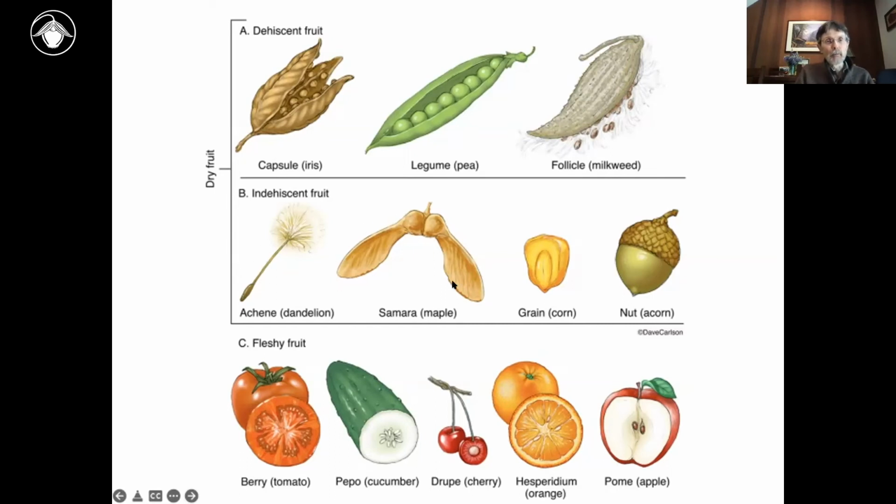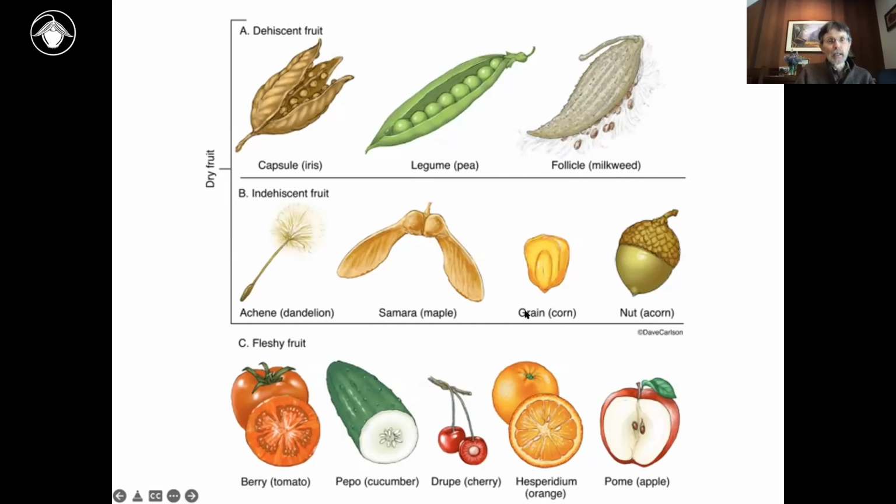Here we see the fruit of a maple, which we call a samara. Because of the wings, the fruit wall itself is modified into a wing, and when it's dropped from the tree, it has a helicopter propeller-like movement that can move it away from the parent plant. A grain is a type of fruit where the pericarp, or the fruit wall, is fused to the seed coat and represents a unit of dispersal.